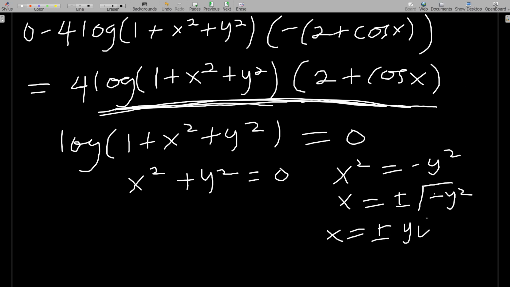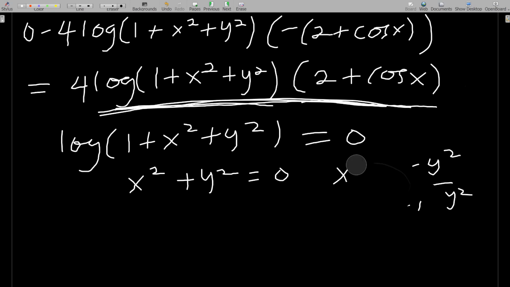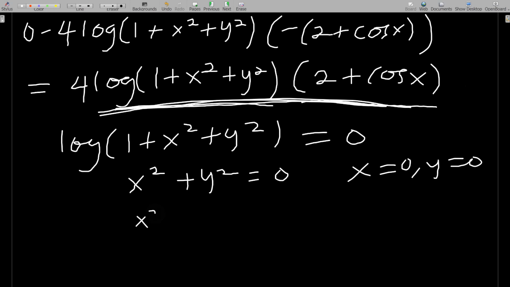So if we were to talk about complex plane, then this would work. But here we are talking about the xy plane, so this one wouldn't work. But when x equals 0 and y is also equal to 0, then x squared plus y squared will be equal to 0.